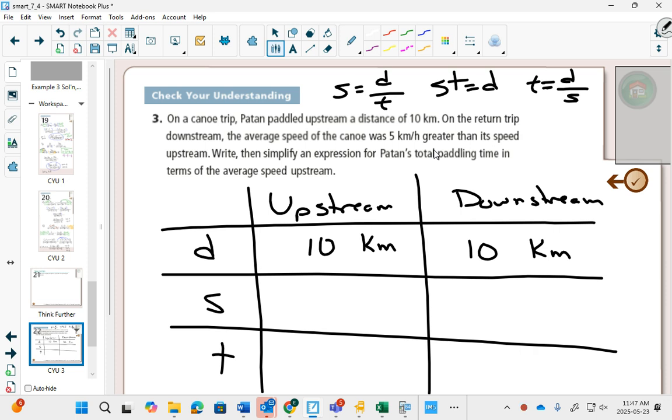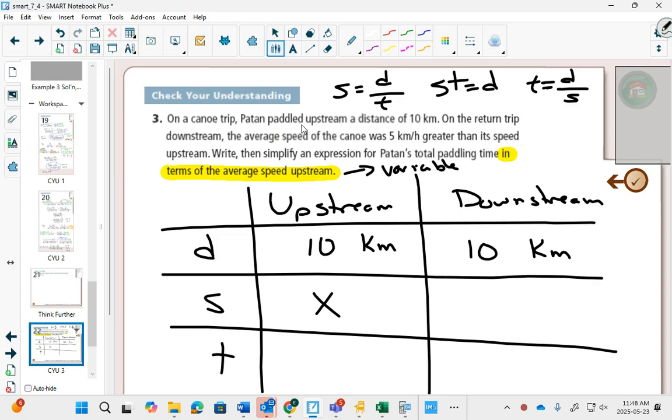Do we know the speed? Did they tell us how fast he's going upstream? No. In fact, in the question they said something that's a little bit of a hint: in terms of the average speed upstream. They're telling you, make this your variable. Some people use S because it's speed.